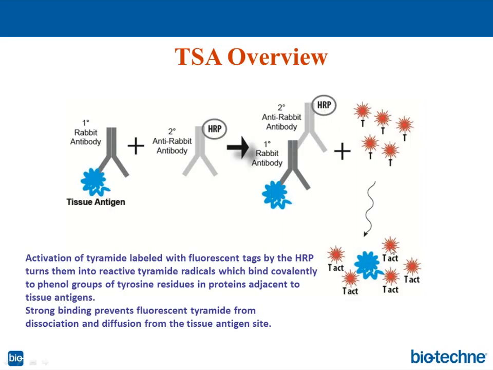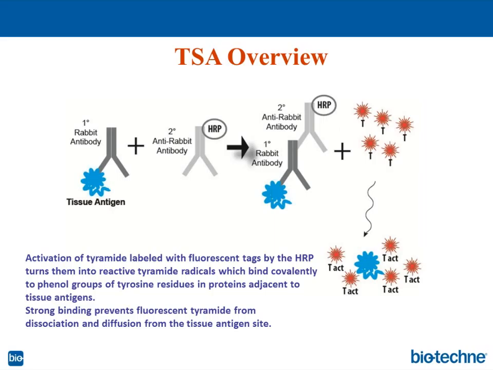And the activated tyramide binds to these phenol groups in proteins, not only in the protein of interest, but in proteins adjacent to the protein of interest. That's how tyramide amplification works, so to speak, in a nutshell.